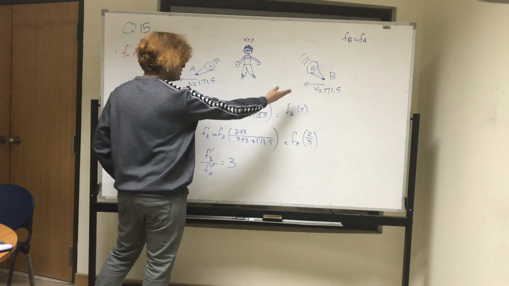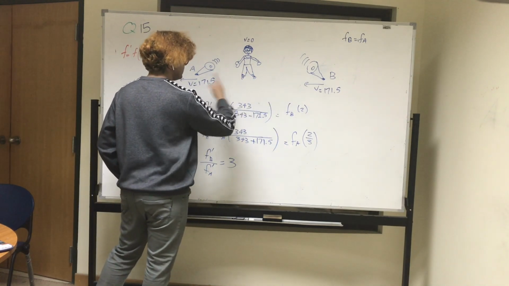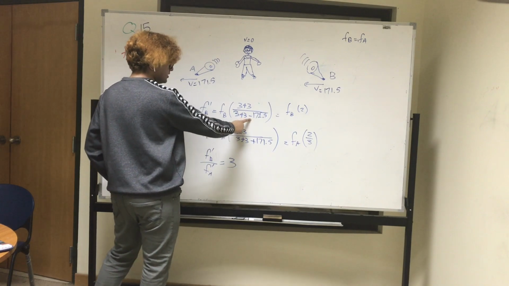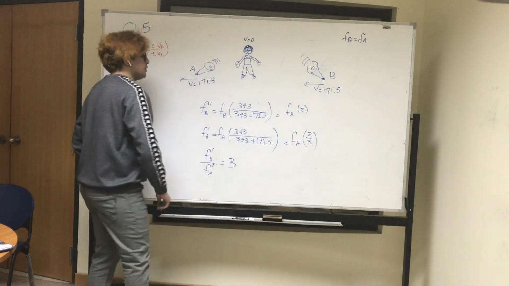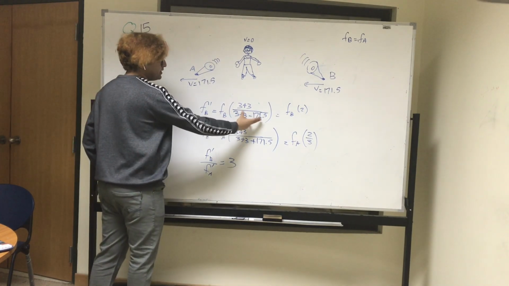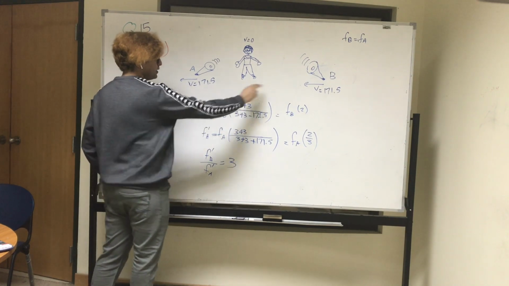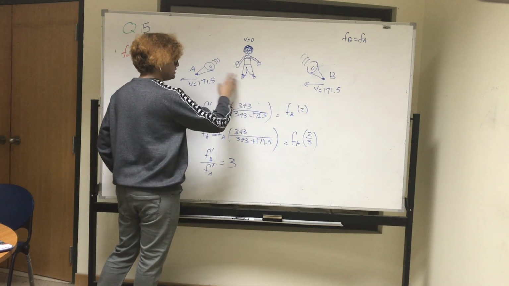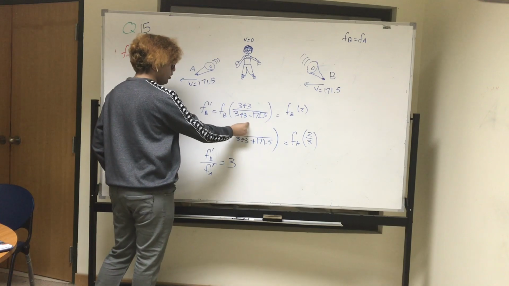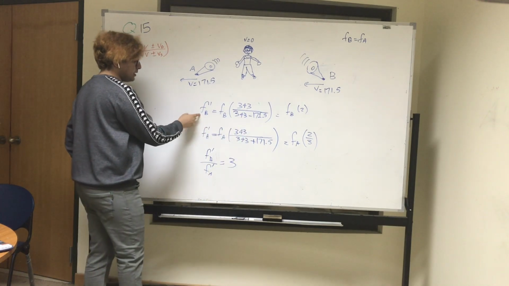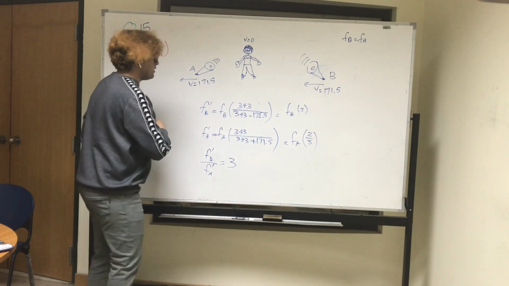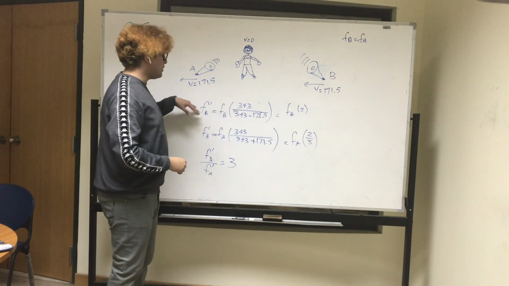If the source is moving towards the detector, then the sign here must be negative. Why? Because we want to make the denominator small, because it's moving towards the detector. If the denominator is small, our f prime is going to be bigger. That's how we set up our first equation.